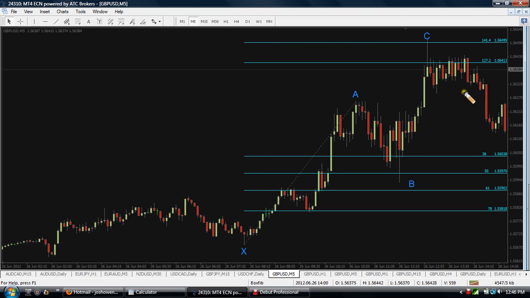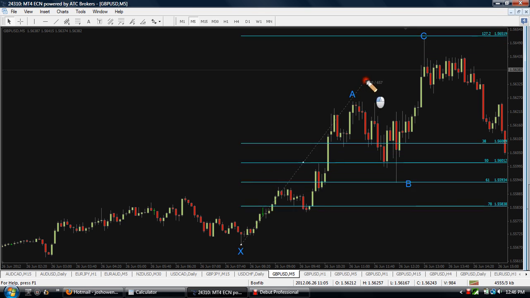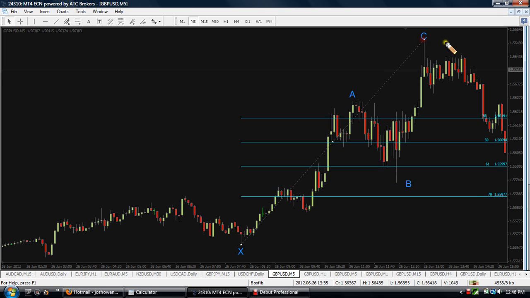And when you see price moving away from the extension on a bullish setup, a buy setup, then you're going to move your fib from X up to C. And the 78 retrace of X to C is going to give you your D entry. So we're going to place a pending order, a buy, right here at 78.6.